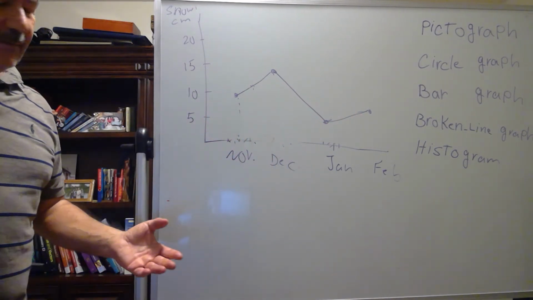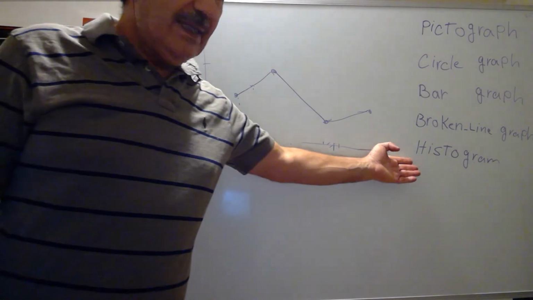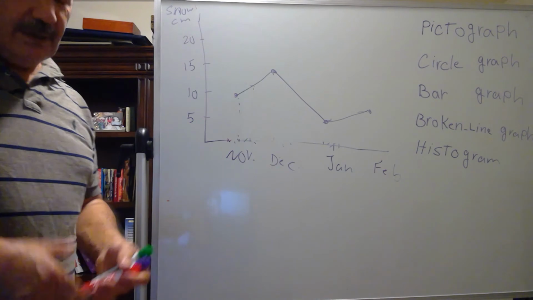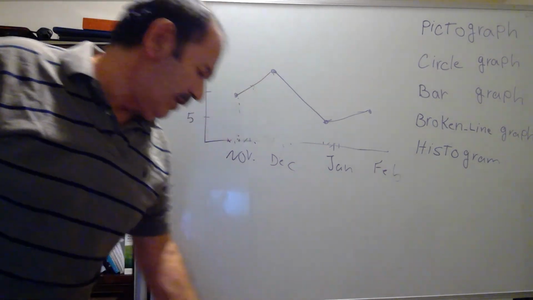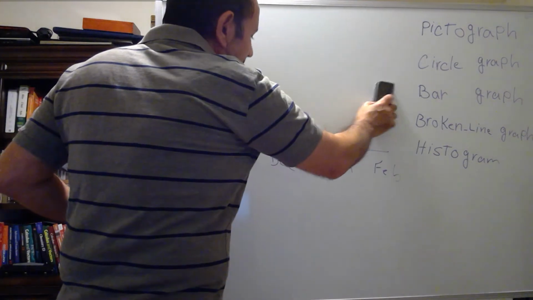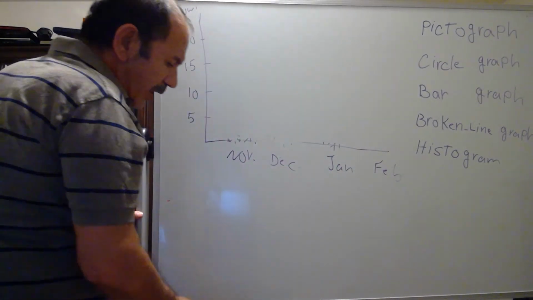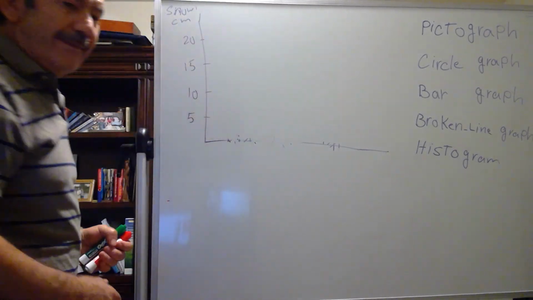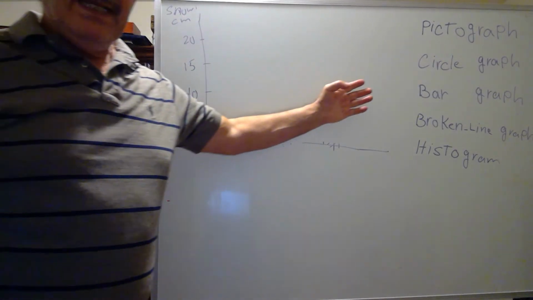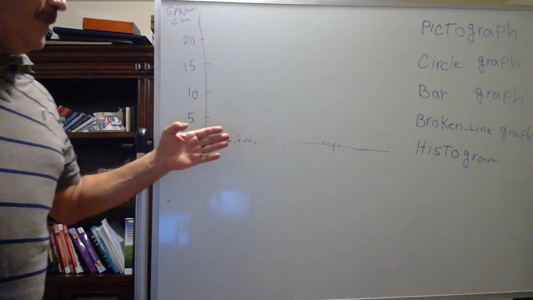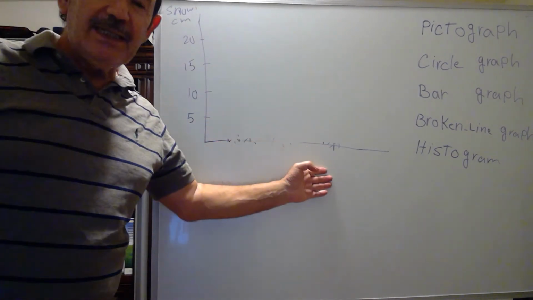The other type of graph is the histogram. I'm just explaining what the histogram is, but I don't want to go very deep. Actually, the histogram is some type of bar graph, but in a bar graph, the data are separated from each other. As an example, we have math class and English class.